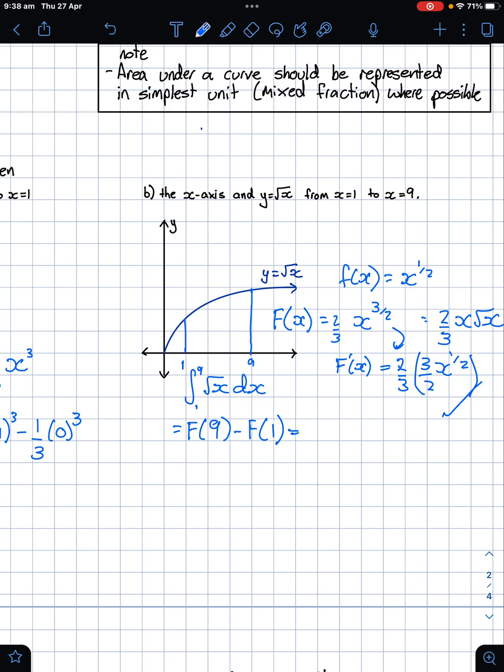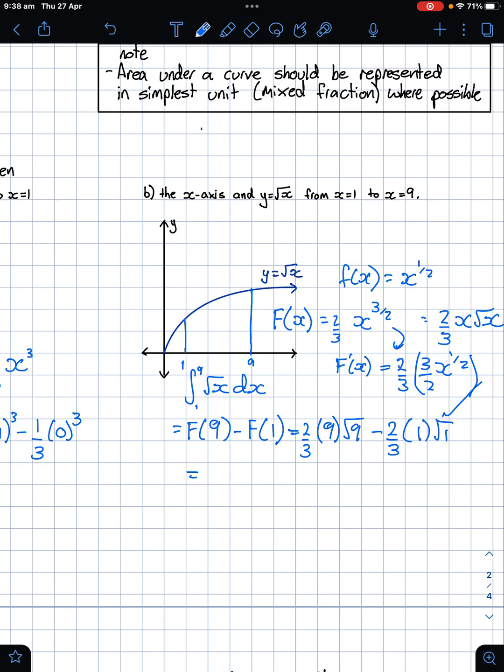Okay, so using that form there, we're going to have 2 over 3, and it's going to be 9 square root 9 minus 2 over 3, and we've got 1 square root 1.